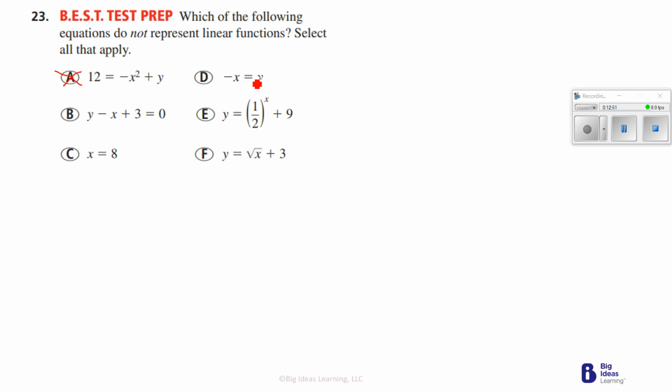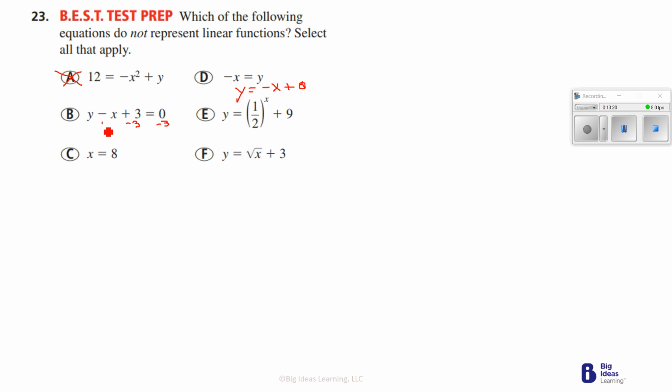When it comes to D, this is the same as saying y is equal to negative x plus 0. So this is a linear function. Then we have B. We can go ahead and combine the like terms here. If we do, we're going to subtract 3 from both sides.